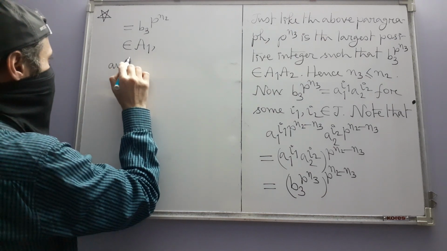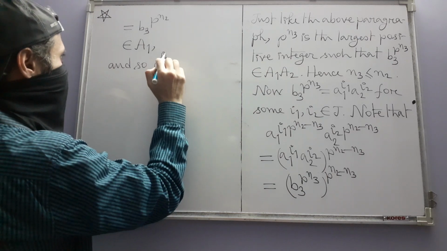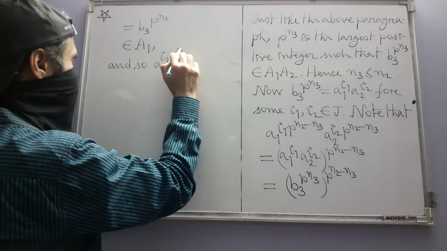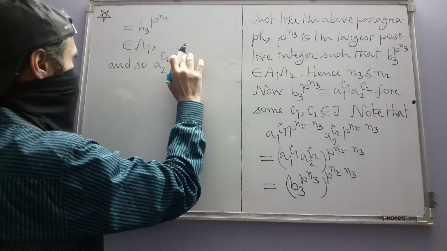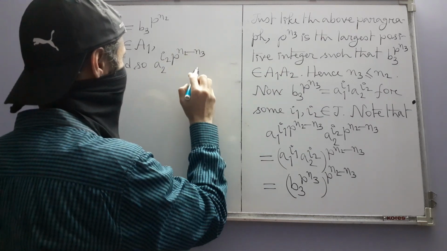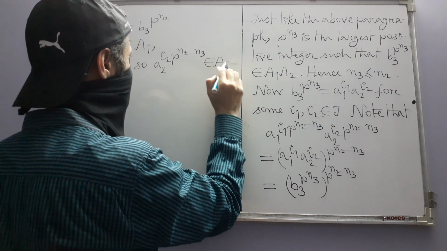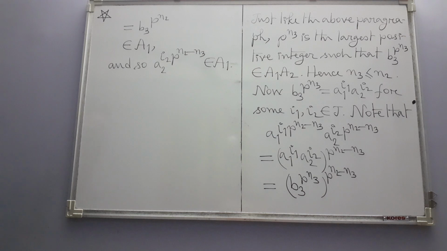And so A2 to the power I2 times P to the power N2 minus N3, yeah, minus is there, this has to belong to A1.